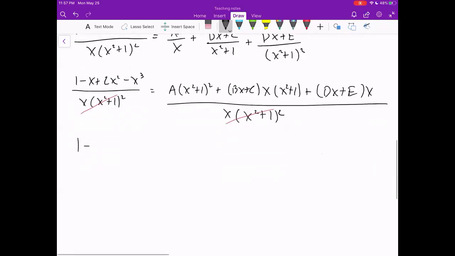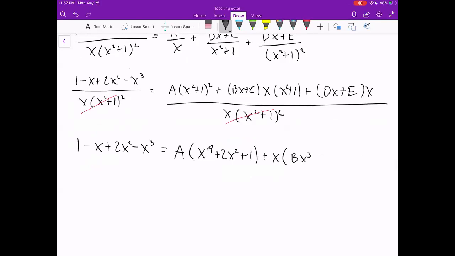What I'm left with is 1 minus x plus 2x squared minus x cubed equal to A. I'm going to go ahead and expand these. On the right-hand side, I get x to the 4th plus 2x squared plus 1. And then plus x times Bx cubed plus Cx.